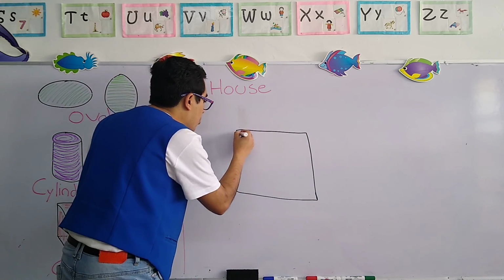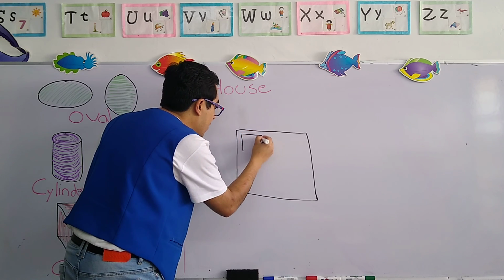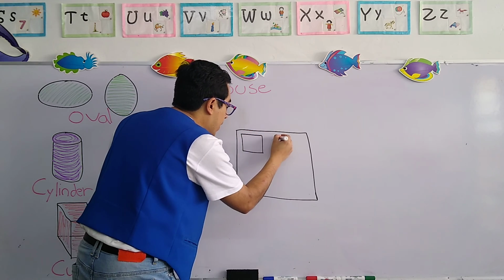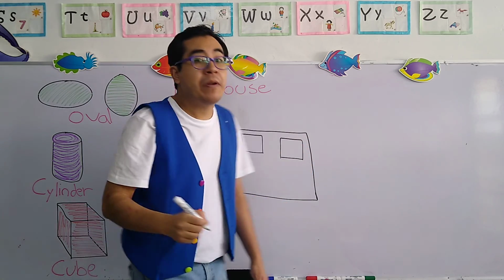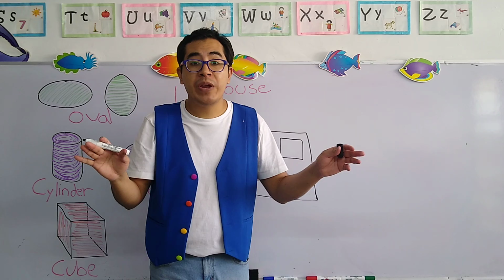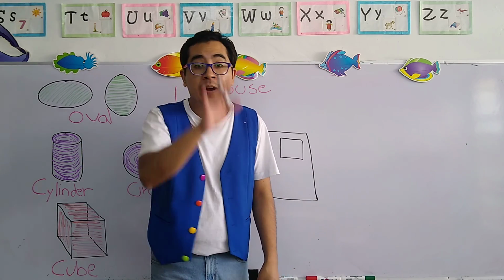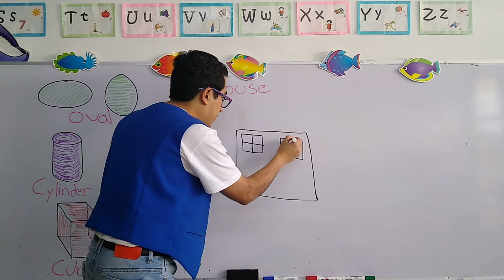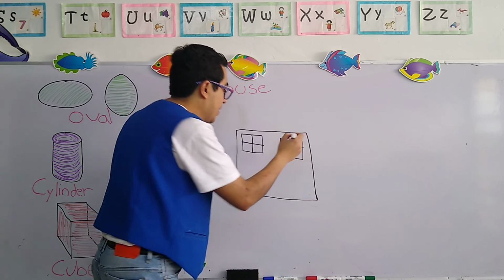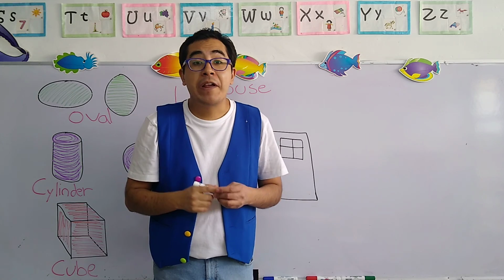That means 2 squares. 1 and 2. Now remember that most of the windows have the form of a cross. Okay, excellent.